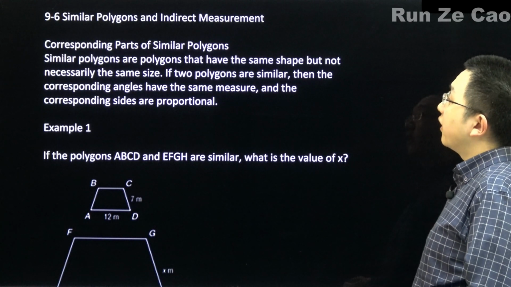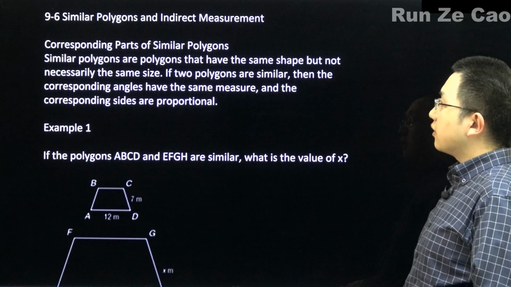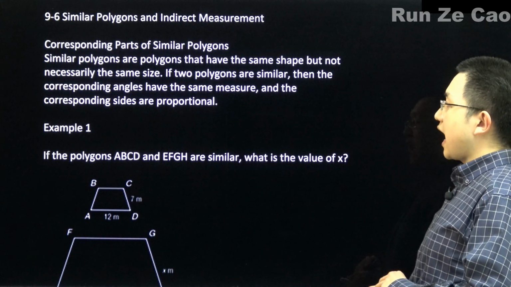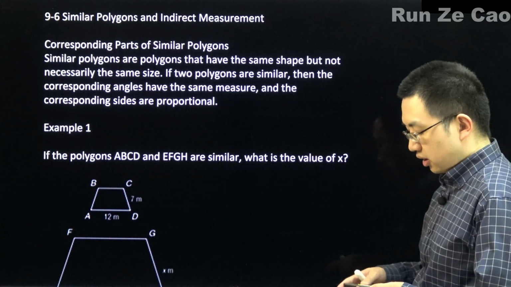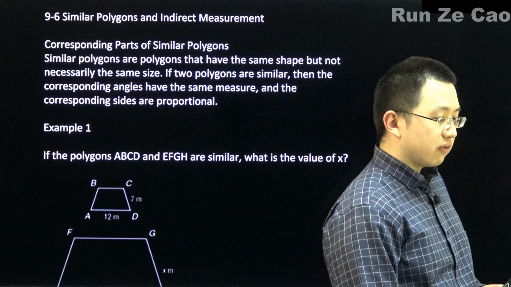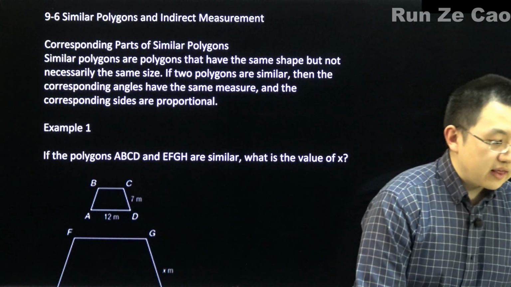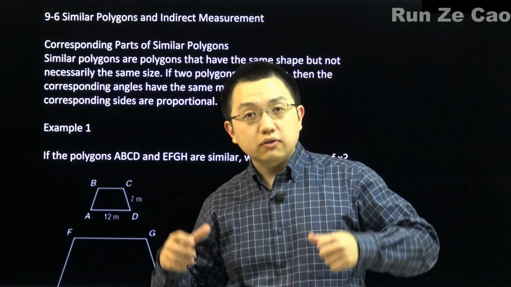Now, for similar polygons, really, as far as I'm concerned, similar polygons, especially similar triangles, should be at least a chapter on its own. But for now, we'll just cover some of the basics. So if polygons are similar, that means that all their angles match up or correspond to each other.